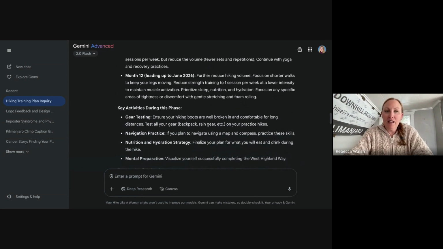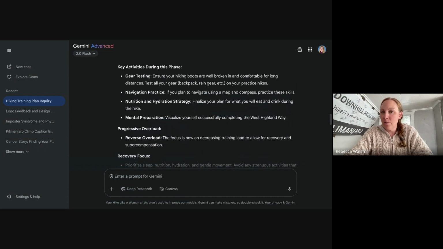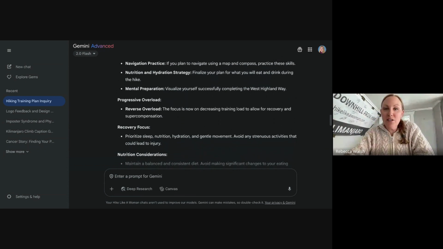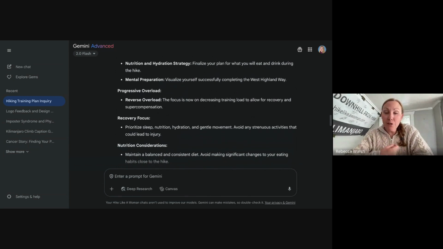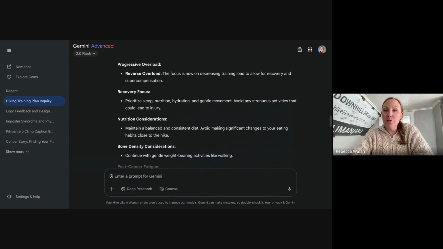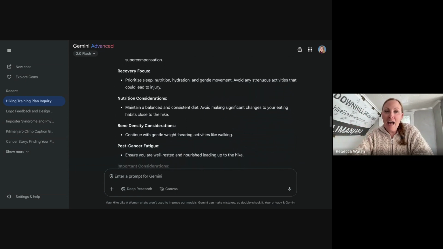And then some other things that Gemini mentioned was make sure to do some gear testing, practice some navigation, although I don't think we'll need navigation because we'll be with guides that are going to take really good care of us. Nutrition, so to try to figure out how to make sure that we're eating and drinking when we're on the hike, and reverse overload. So now decreasing training in order to recover and get ready for the big hike ahead.